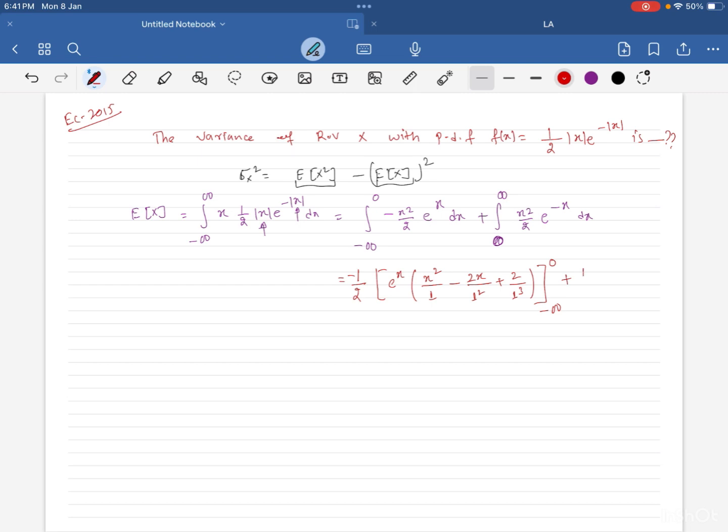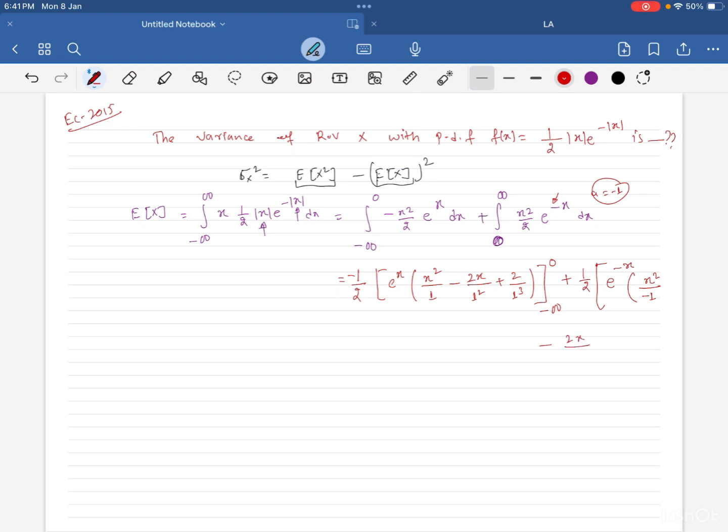With similar logic, now here you will have to take care of this negative thing, right? So do it carefully. Now what we can do is write e to the power minus x. So here a is minus 1. Now we will have x squared divided by minus 1, and then here we will have minus, and 2x divided by a square.